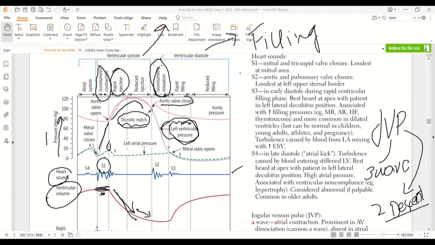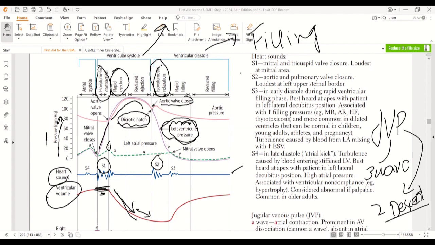What are the main events, and what main sound takes place in the isovolumetric relaxation? During the relaxation, we have the closure of the semilunar valves, aortic and pulmonary, which produces the S2 sound, right? Yes. The mechanism of this sound production is very important, and you have to identify the sound on these kinds of graphs and curves.